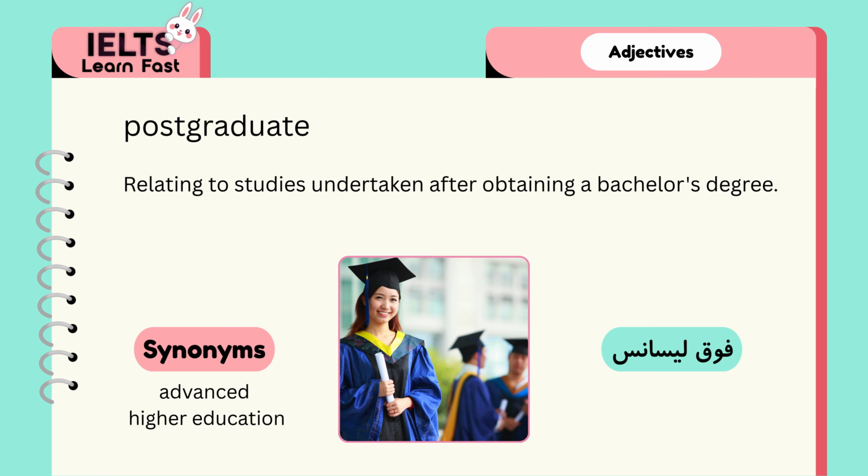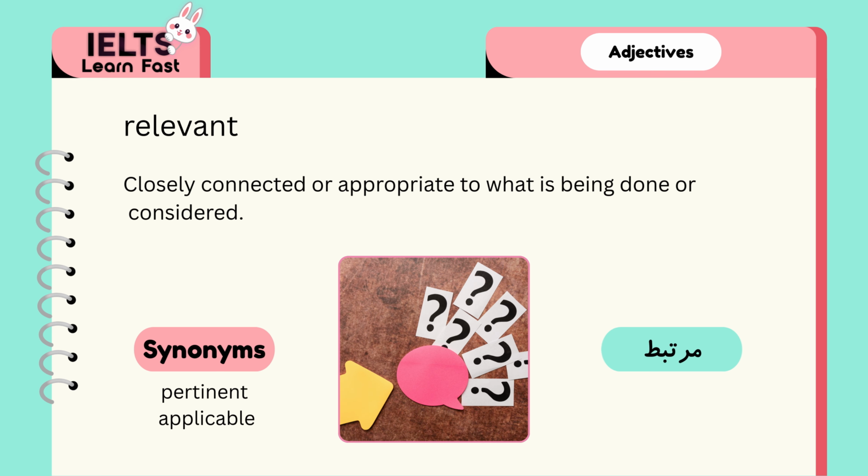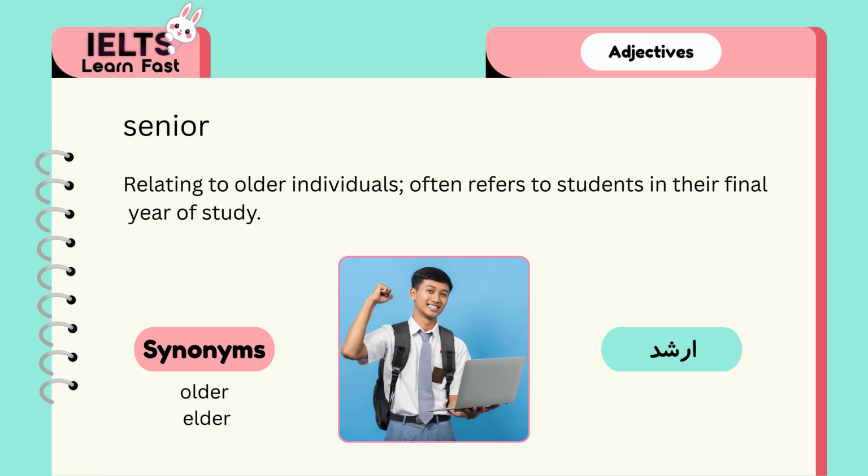Postgraduate: relating to studies undertaken after obtaining a bachelor's degree. Synonyms: advanced, higher education. Relevant: closely connected or appropriate to what is being done or considered. Synonyms: pertinent, applicable.